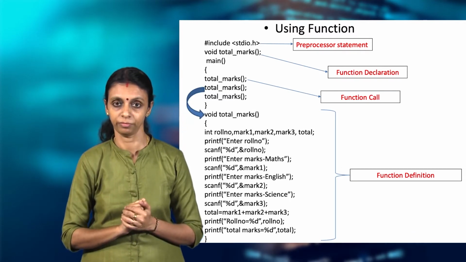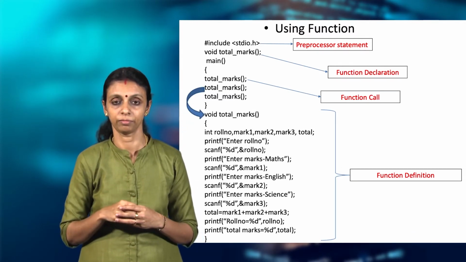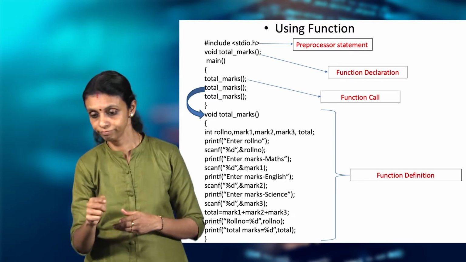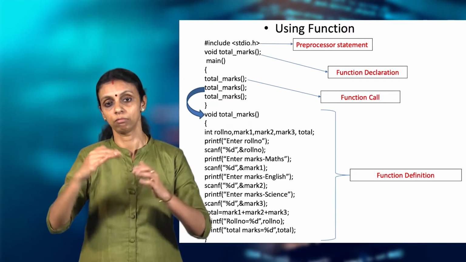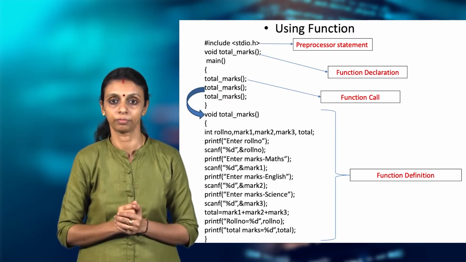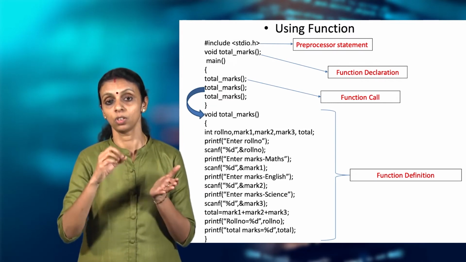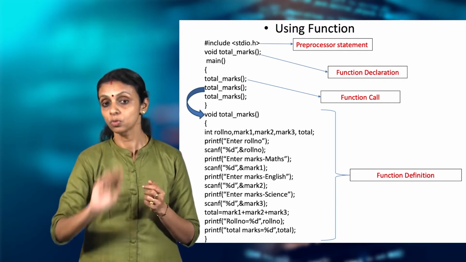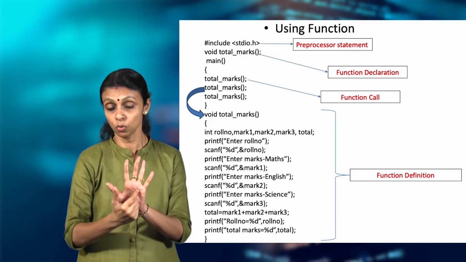Next statement is again a function call. It executes the function statements again and accepts roll number and marks of student 2 and prints roll number and total.